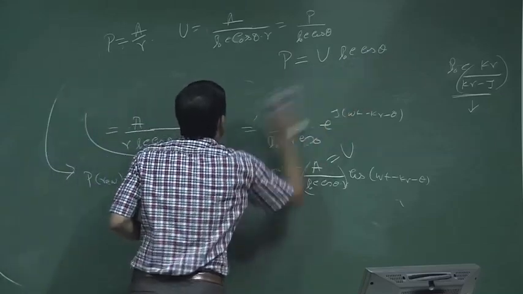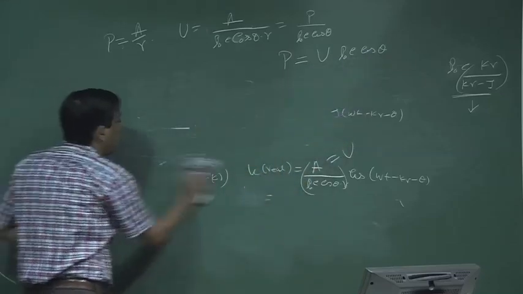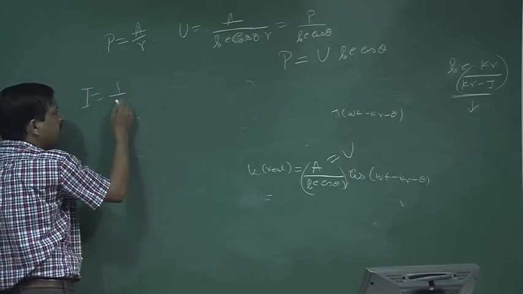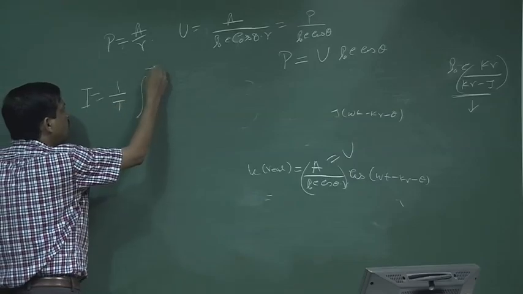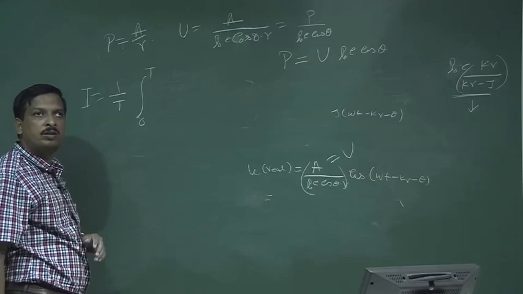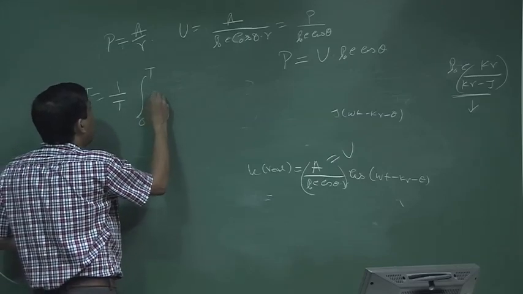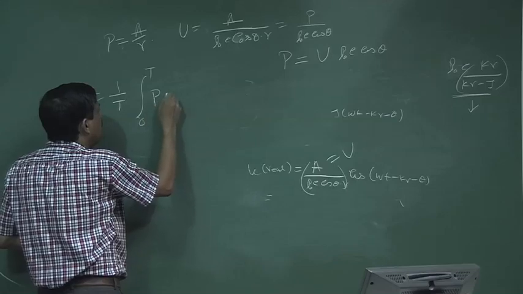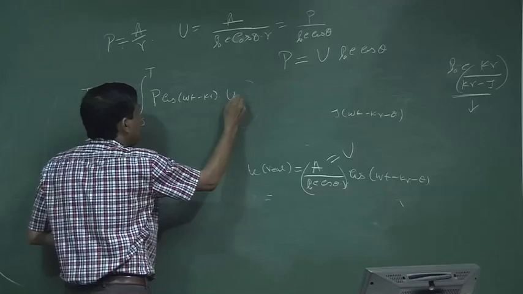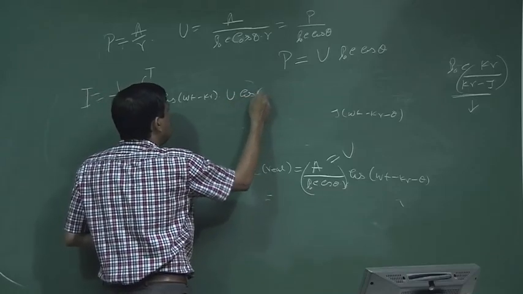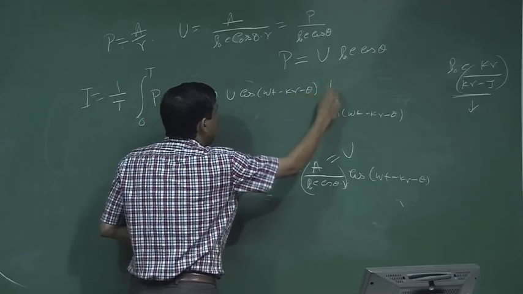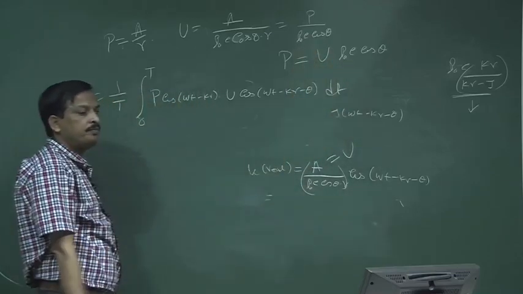Now, what is I? What is the intensity of the wave? The intensity I is nothing but the time average, 0 to T, of pressure into velocity. So, what is pressure? Pressure is capital P cos(omega t minus kr) into capital U cos(omega t minus kr minus theta) dt.